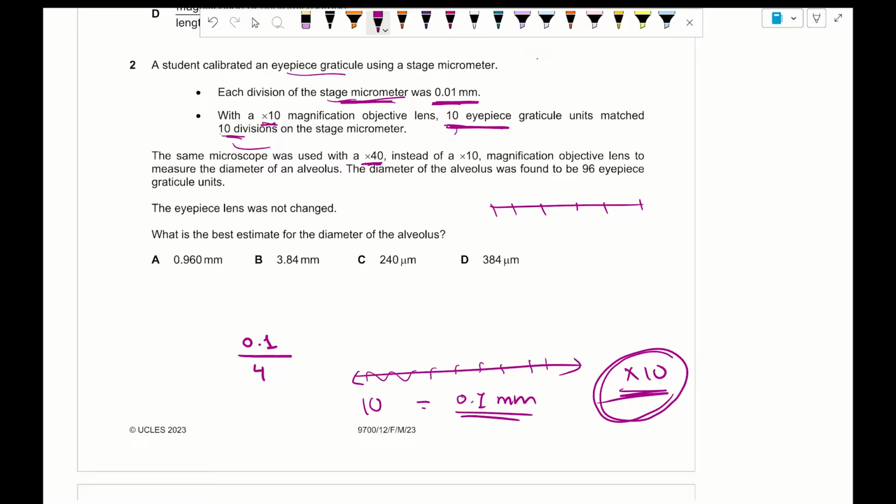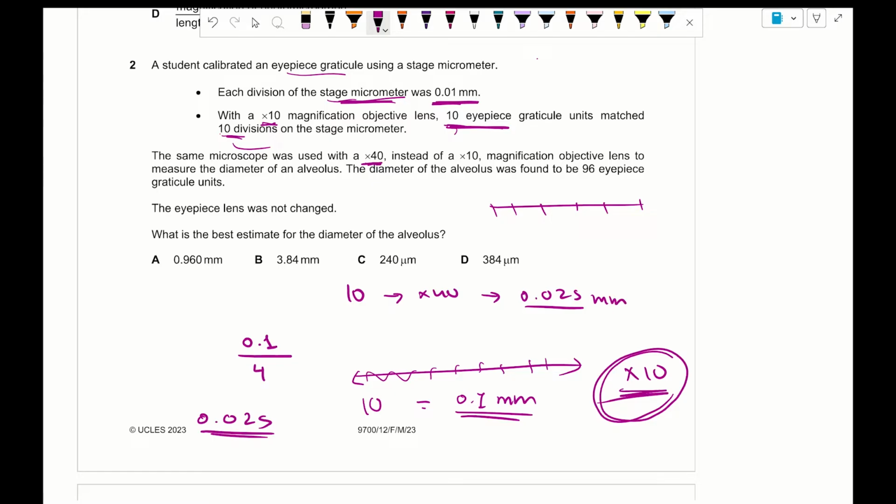Dividing 0.1 by 4 gives us 0.025. So now, 10 eyepiece graticule units at a magnification of times 40 is going to be 0.025 millimeters.